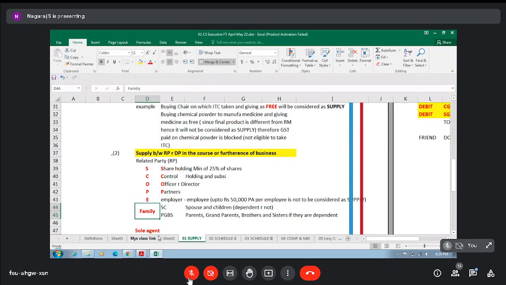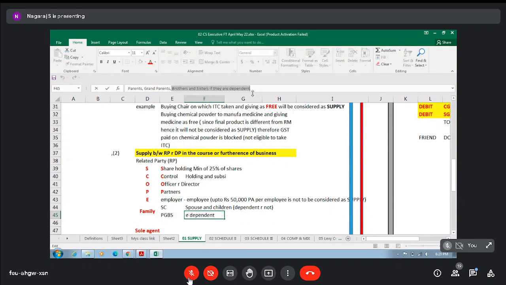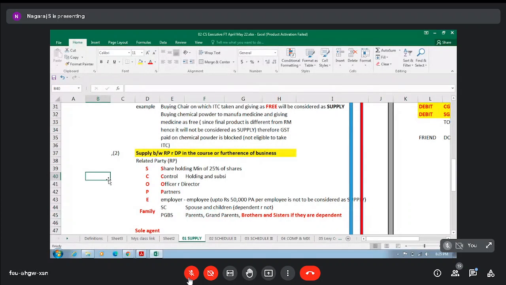If they are dependent, underline this. If your brothers and sisters are dependent only, if you supply anything without consideration to them, then it will come under this provision. That means it will be treated as supply. If they are not dependent on you, if you give it free, without consideration, then it is not supply. Understood?